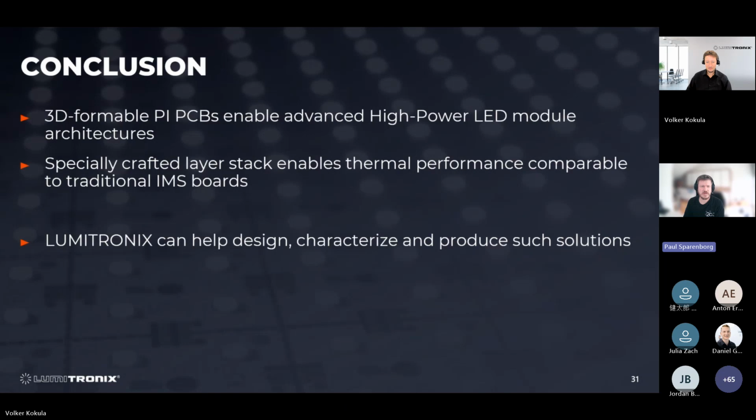With flexible polyimide base material, we can also go down to a thickness of 25 microns very easily. That is available on the market, and we can even go further down, but it's also a question of electric isolation at some point, because the lower the thickness, the lower the electrical isolation.